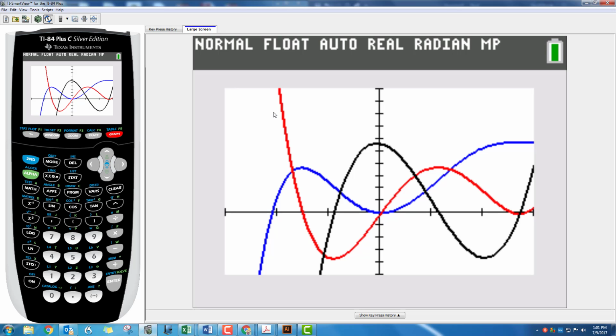So you can now see where we're crossing the x-axis, or where the zeros of the function occur.